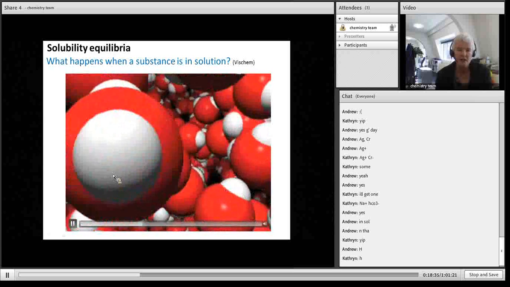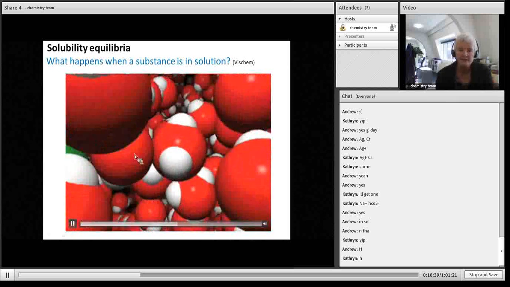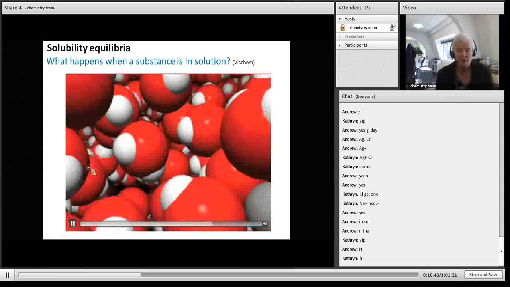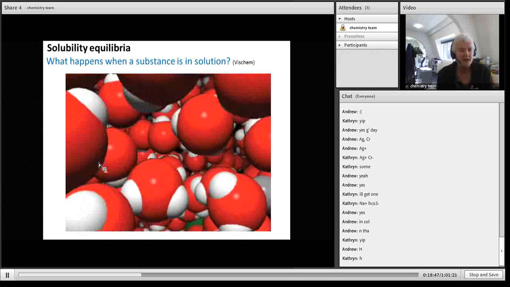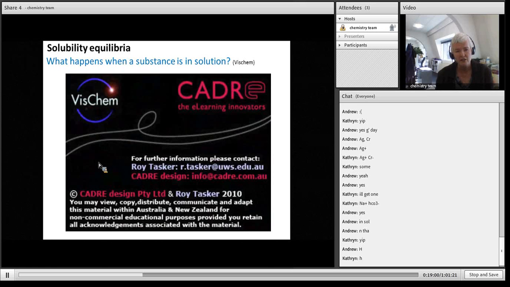Okay, there's my chloride ion, and hopefully a silver one's going to come up soon. Okay, there's a silver one, and do you notice the chlorides and the silver, there wasn't silver, there was actually sodium, but they can meet up, and because of the strong attraction to the water molecules, they can bounce apart. But they can meet up, they could precipitate, depending on the energy, if it's strong enough, or they'll just go back into solution.